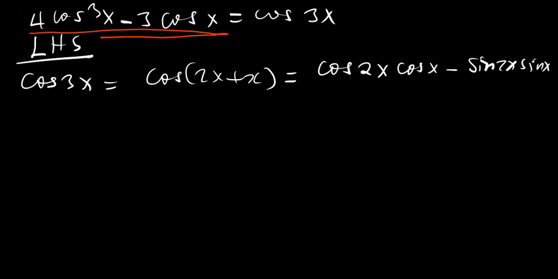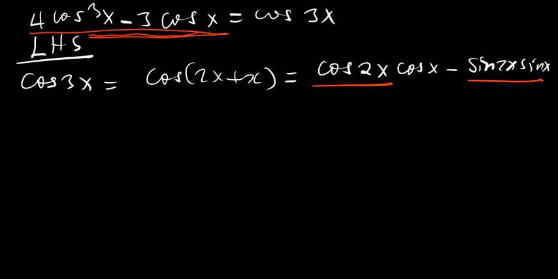I need to find a way on how I'm going to eliminate this sine. Now, let us go ahead and choose the identity that is only involving cos to replace it with cos 2x. That's how simple these things are. I don't have anything that has got sine this side, so I can't use it for sine.